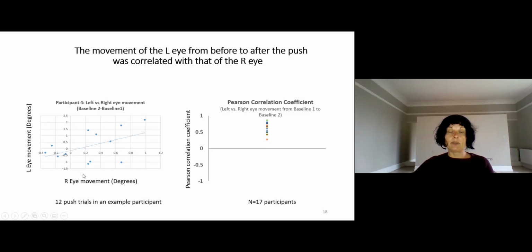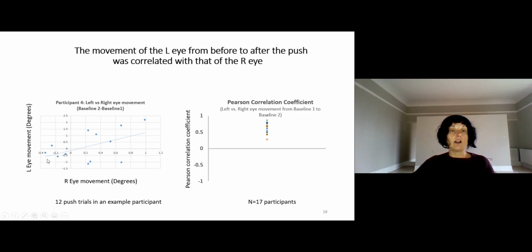Each participant completed 12 push trials, and you see the push trials from one example participant. The movement of the right eye from before the push to after the push baseline is on the y-axis, and on the x-axis is the movement of the left eye between those two baselines.